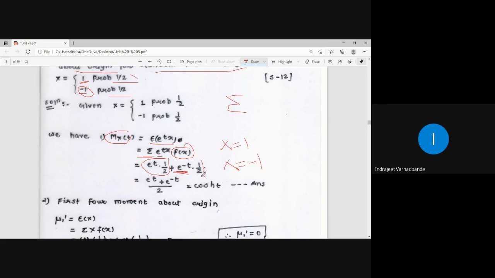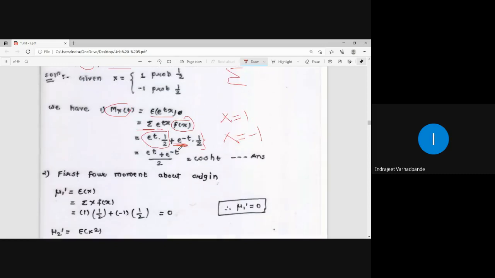So there are only two values of the random variable, so 2 terms will be there in the summation. Now this converts to the formula of hyperbolic cos, and hence we get the simplification, the deduction, of this moment generating function as cosh t.